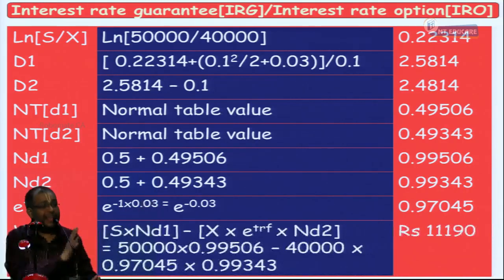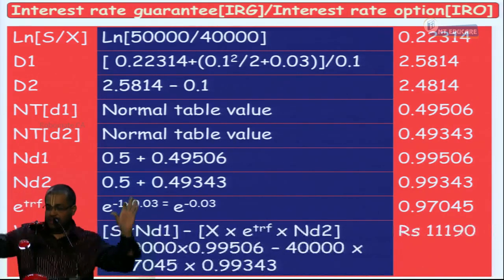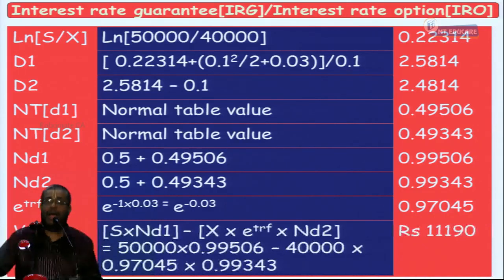This is your syllabus. Apart from that, we discussed the discounted concept, portfolio and other issues. But mainly this is the syllabus in our session. Do you have the clarity? With this we completed the interest rate cap valuation. Can I proceed or not?